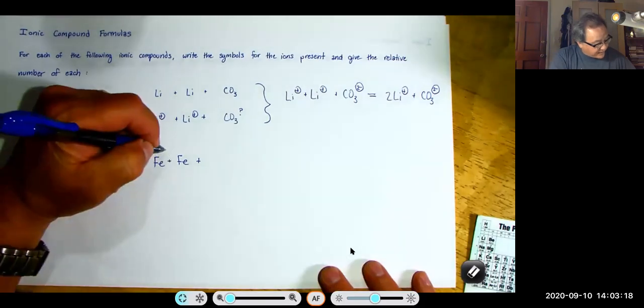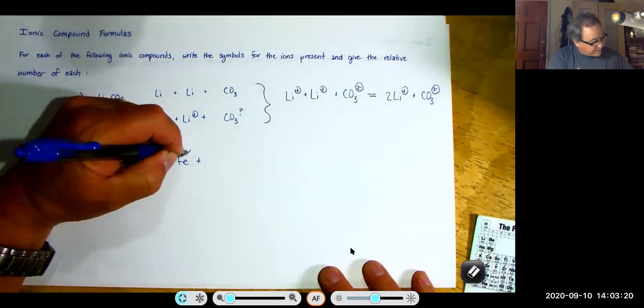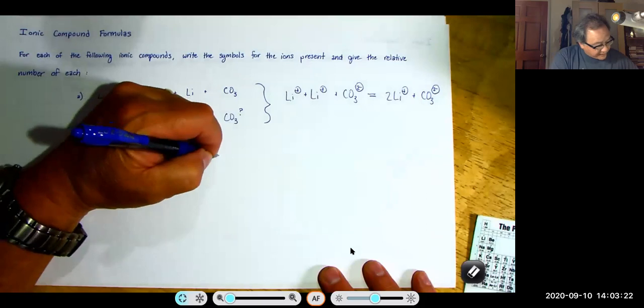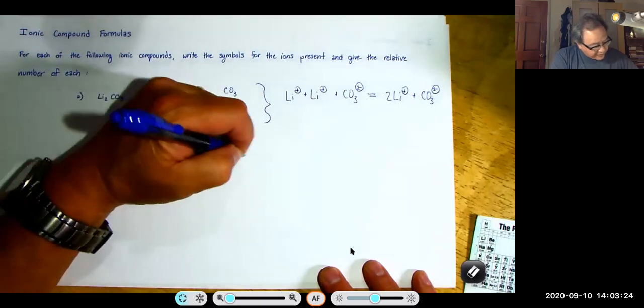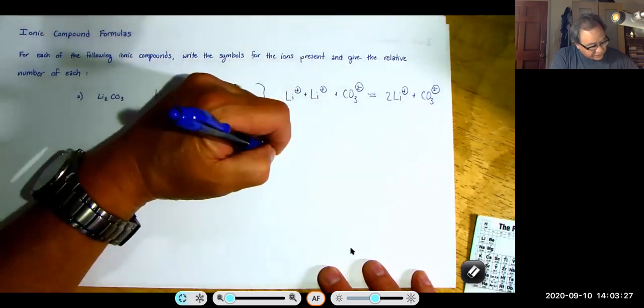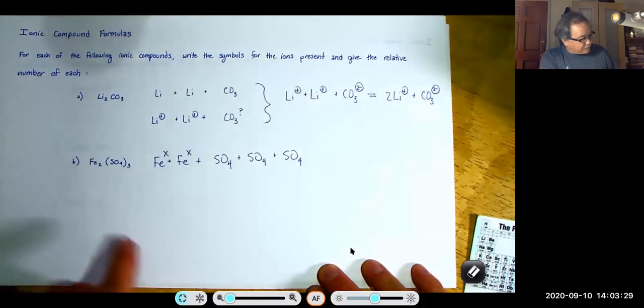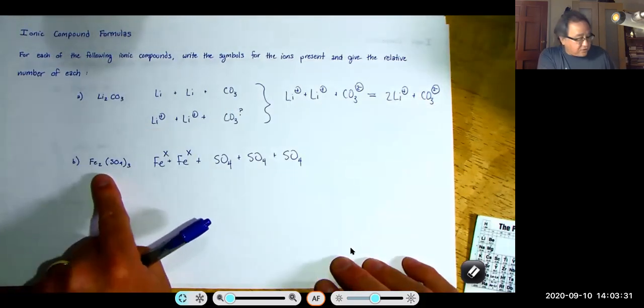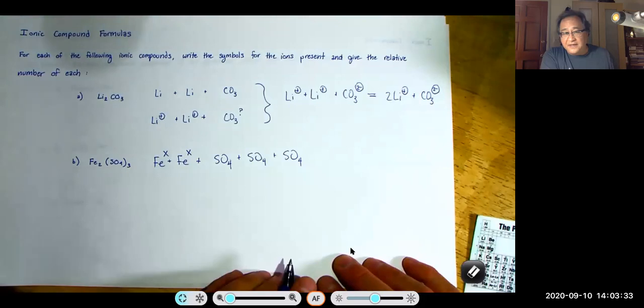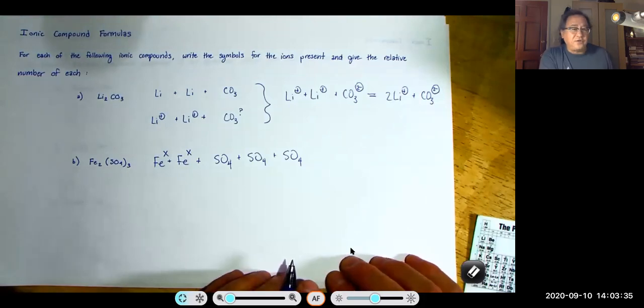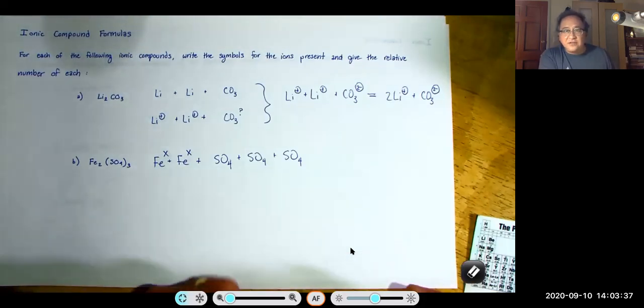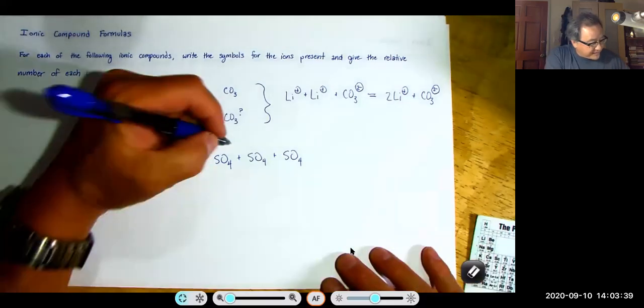So I'm going to put X here for the charge. Plus we have a sulfate, and a sulfate. So here, since we don't know what the charge is on the irons, we better darn well know what it is on the sulfate. Now, you just learned it, so if you don't remember it by now, that's okay. You will memorize it. It's a -2.